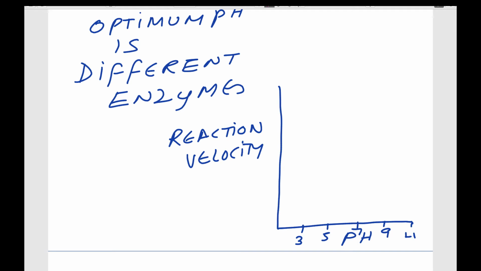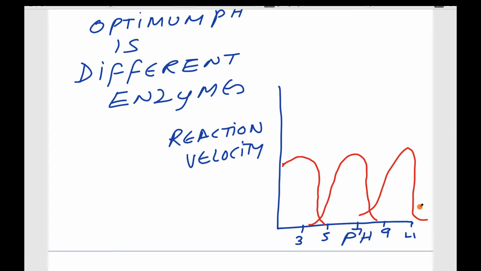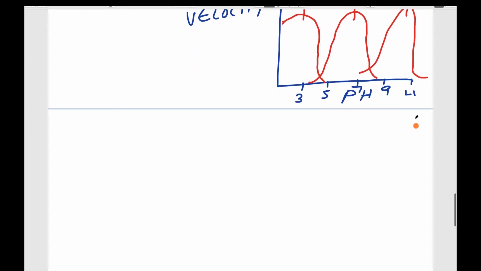We have this one, another one, and another one. Here is the optimum pH, here is the optimum pH, and here is the optimum pH. It is different for different enzymes. In this case, this may be pepsin, this is trypsin, a digestive enzyme, and this is alkaline phosphatase. See, three different enzymes have three different optimum pH.